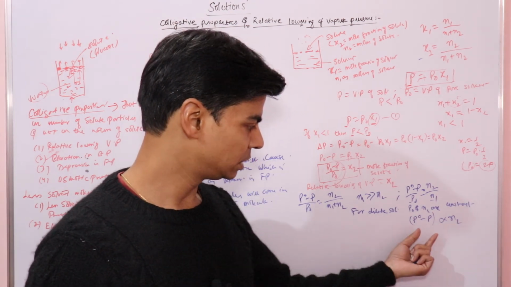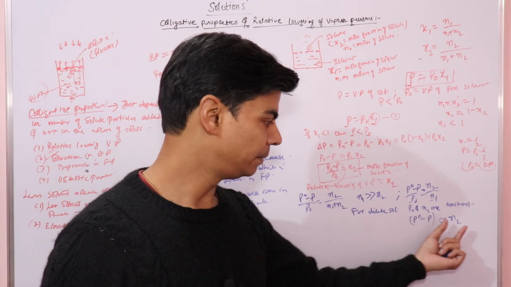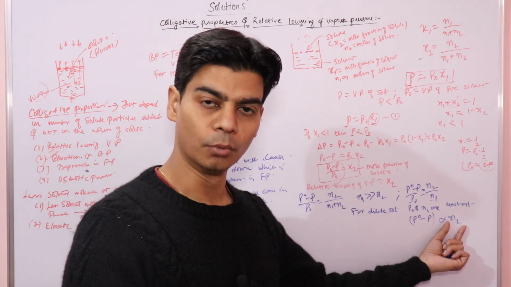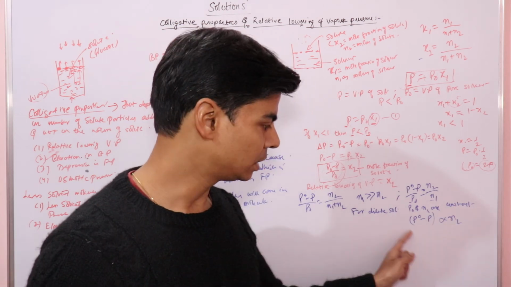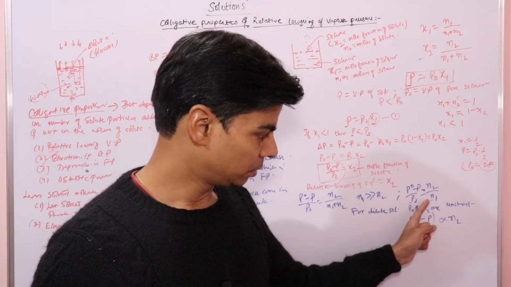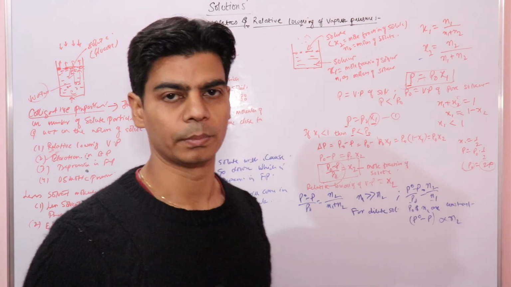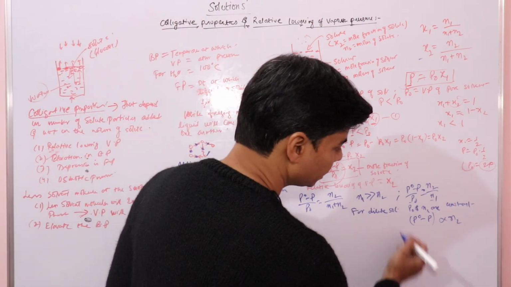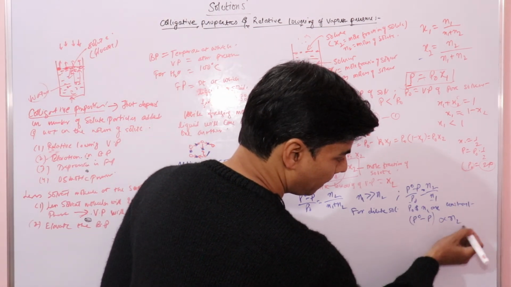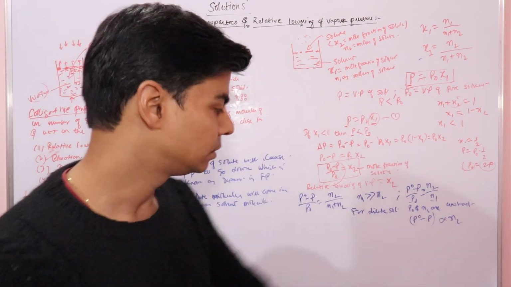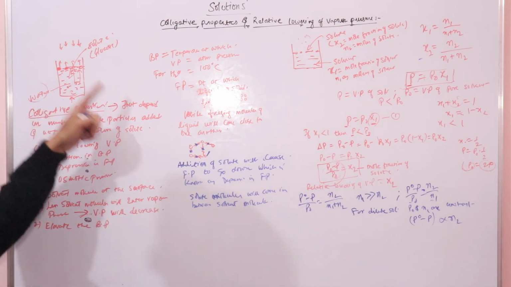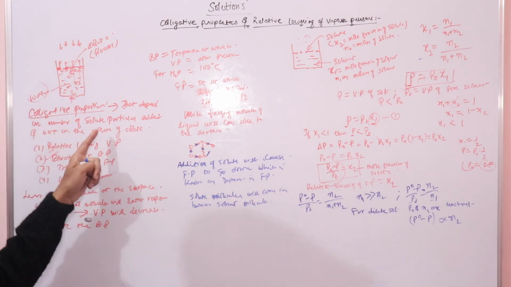Since the lowering of vapor pressure depends on the number of moles of solute, that is, the number of solute particles, this is your colligative property, right? What do we call the properties that depend on the number of solute particles added?